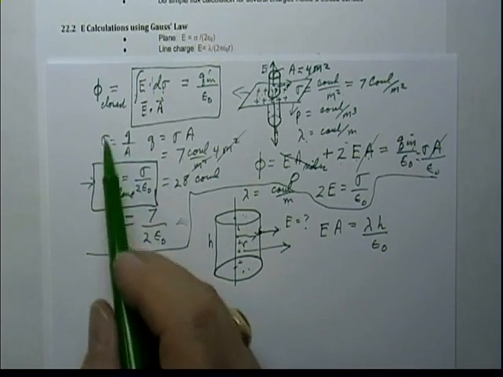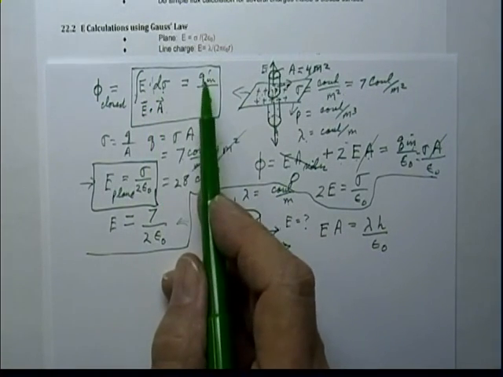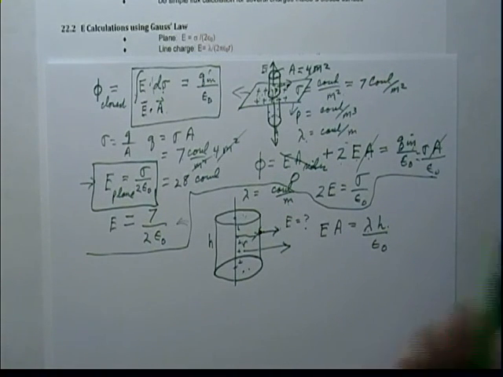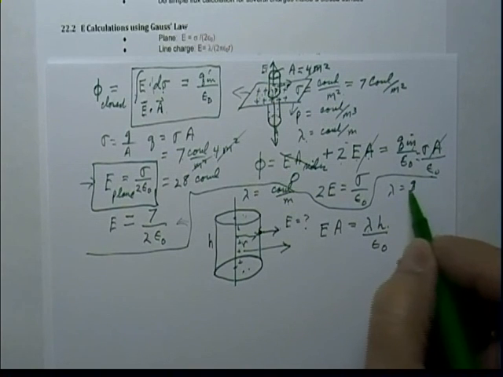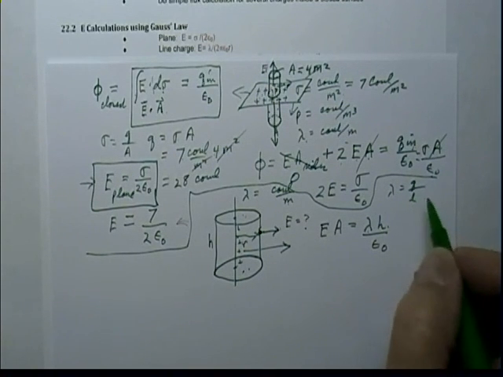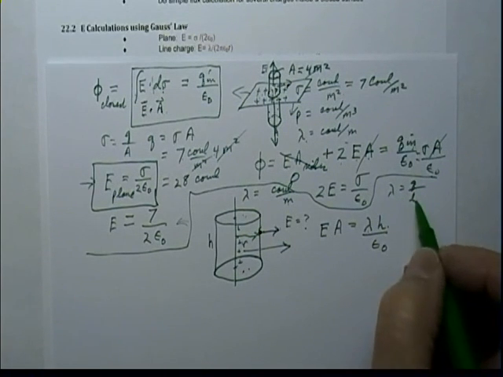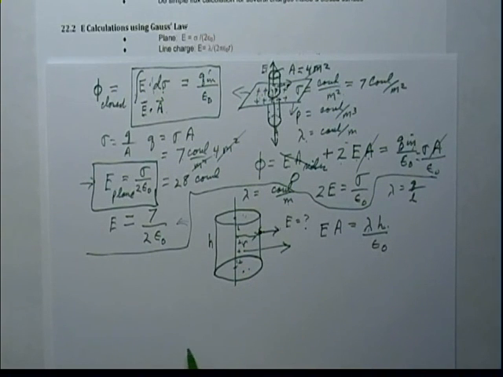Again, using this formula that E times A is the charge inside over epsilon naught. That's the charge inside. Remind you again of why that's true. Lambda is equal to the charge per unit length. And to compute the charge, therefore, it's lambda times the length, and we got lambda times h, which is the length of this thing here.